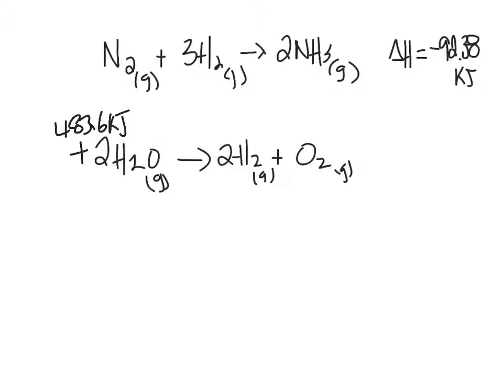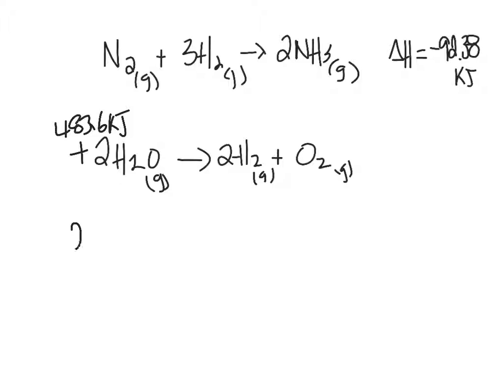Anything weird about that? Nikita? There's a half. So you know how I've told you when you balance, you can't have half a molecule? In thermochemical data you can. And it's only because this represents the formation of 1 mole of water vapor.